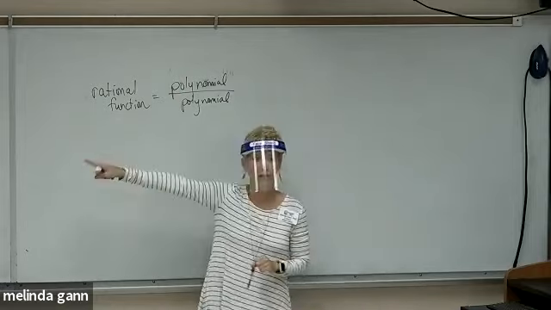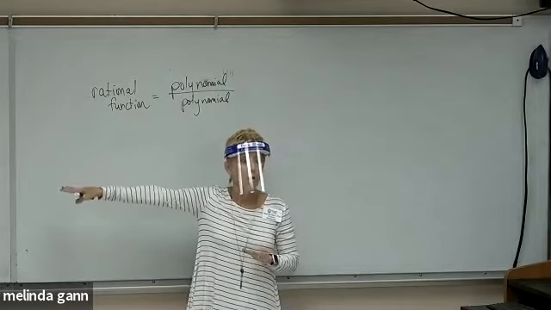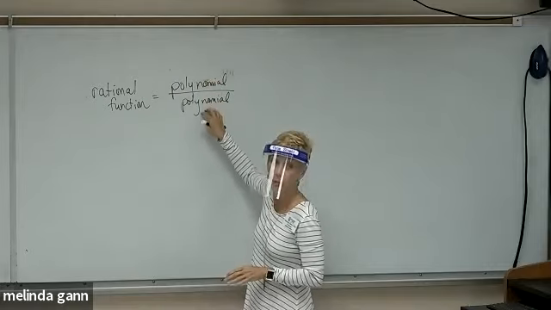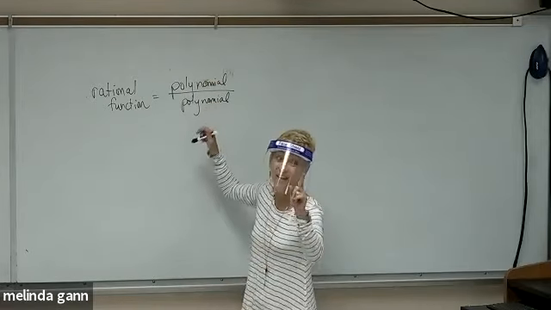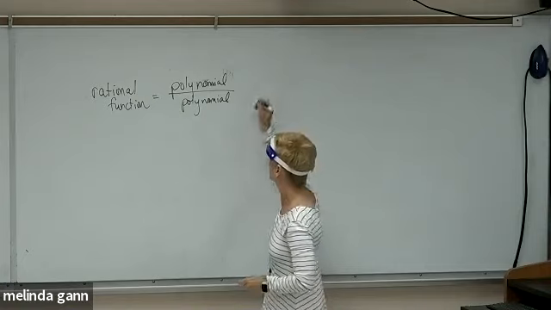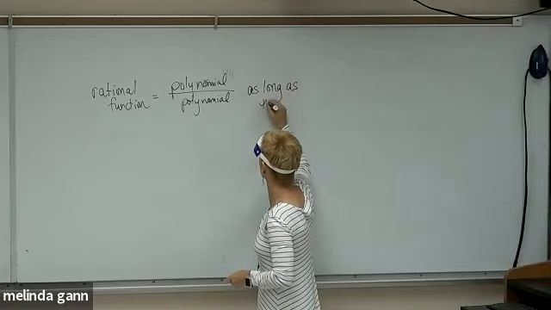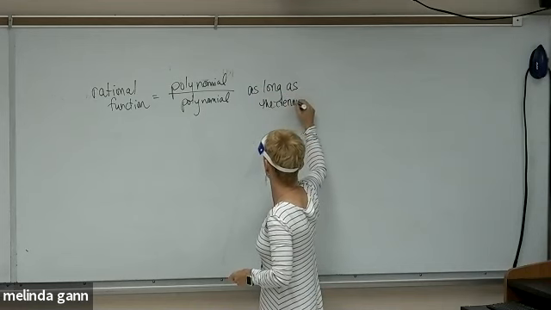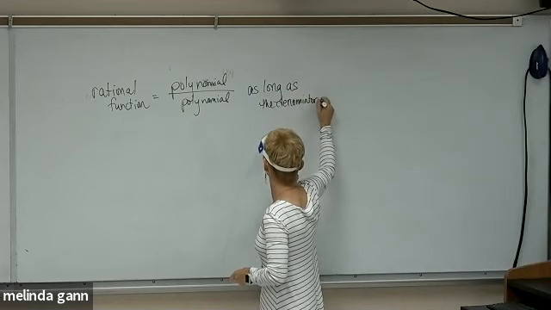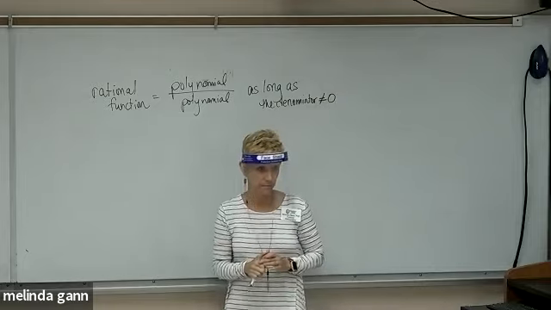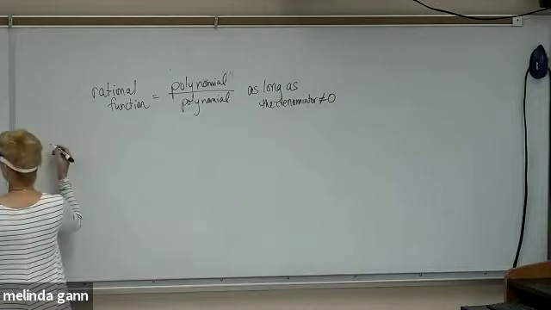It applies to just a polynomial, or it applies to a rational function, which is a polynomial over another polynomial. With a condition. As long as that denominator does not equal 0 when you substitute into it. Now, what do I mean by that?